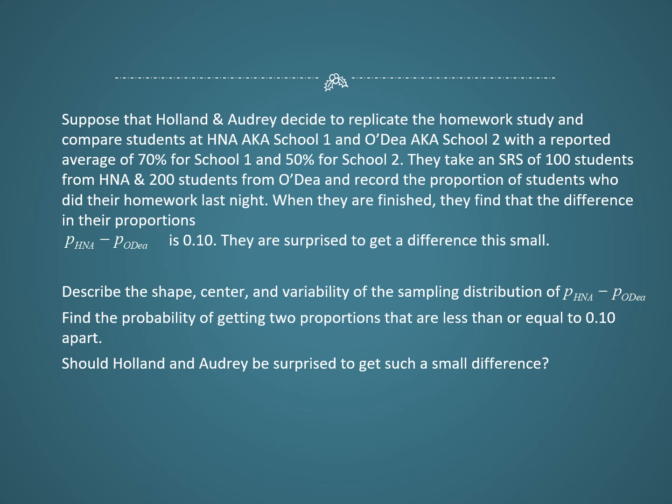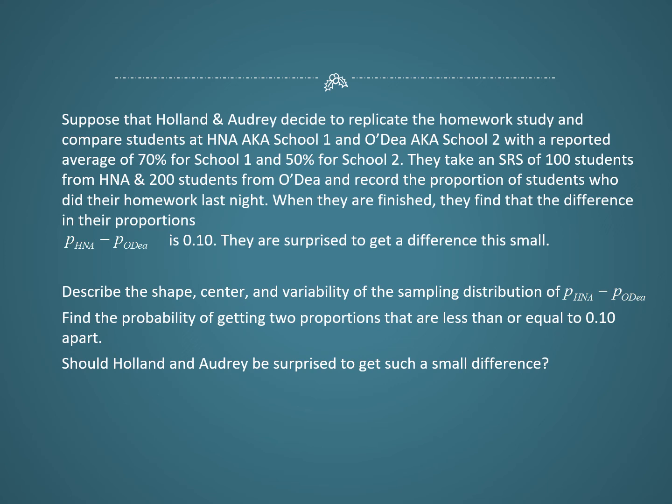Going back to the example, we said with a reported average of 70% for school one and 50% for school two. So we're taking an SRS of 100 students from H&A and 200 students from O'Day. Notice, not the same sample size. Guess what? I don't care. It doesn't have to be the same. It could be totally different sample sizes.